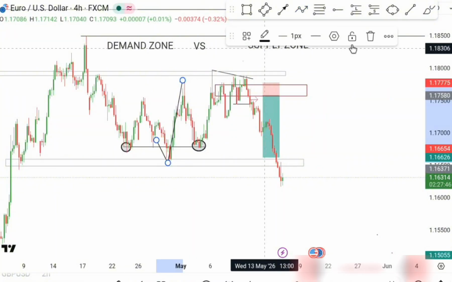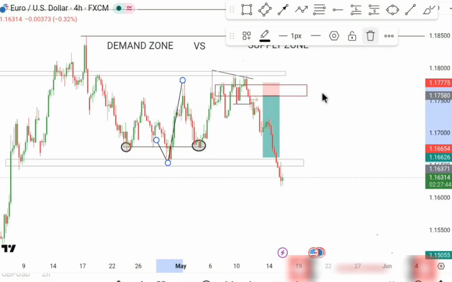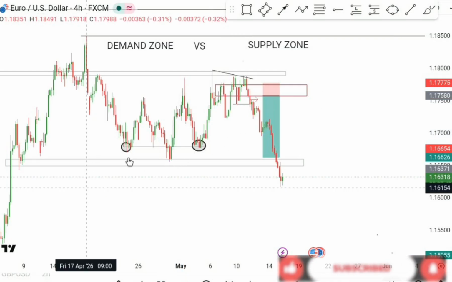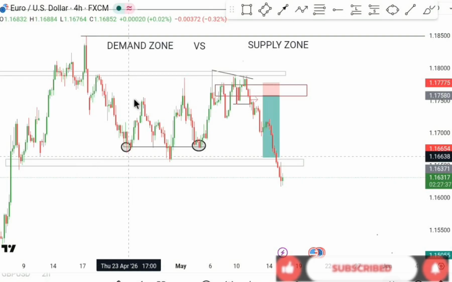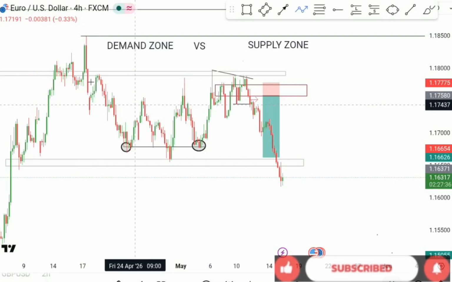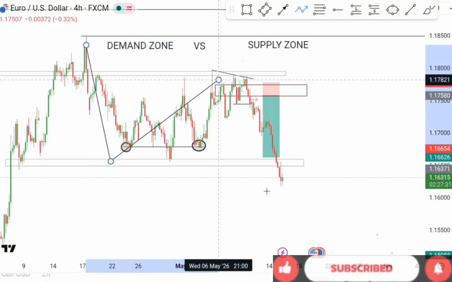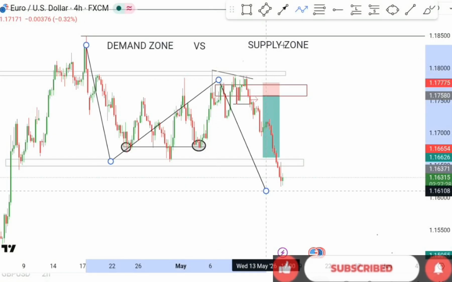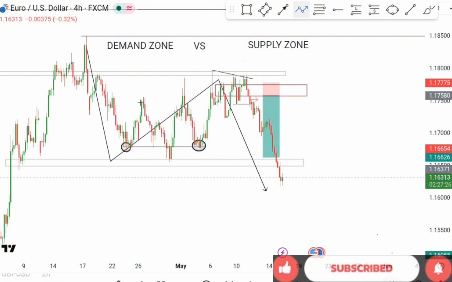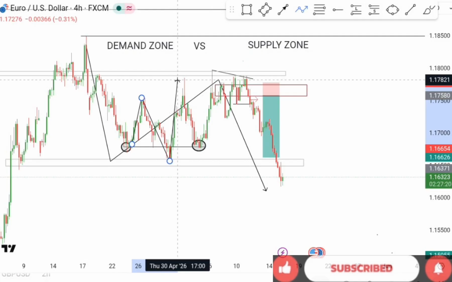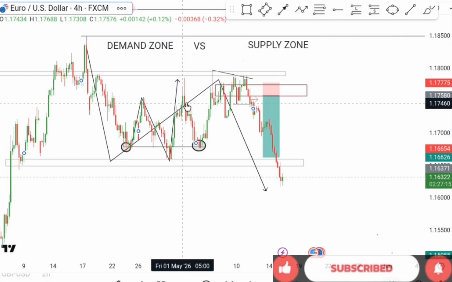Now, I want you to write this down in your journal. The strongest zones, the ones with the highest probability, come from rally-based drop and drop-based rally. Those are reversals. Those are where institutional money changes direction. These are the important ones you need to know: the rally-based drop and the drop-based rally.